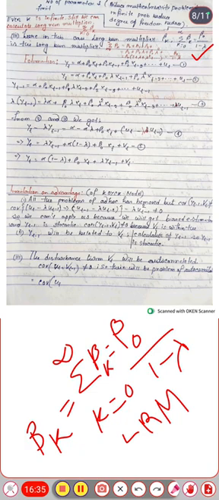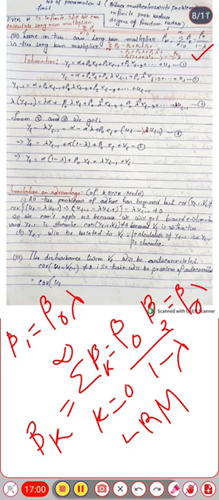Here beta 1 is equal to beta naught lambda, beta 2 is equal to beta naught lambda square, and similarly beta 3 is equal to beta naught lambda cubed, as considered in this line.